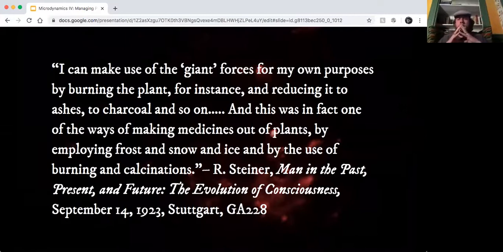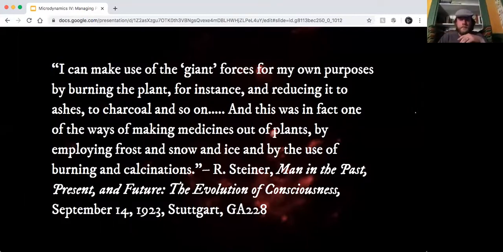And this was in fact one of the ways of making medicines out of plants by employing frost, snow, and ice, by the use of burning and calcinations. The word calcination itself is related to the word chalk, which is calc, which is calcium, which is lime. So to calcinate is to make chalk or to make chalky.